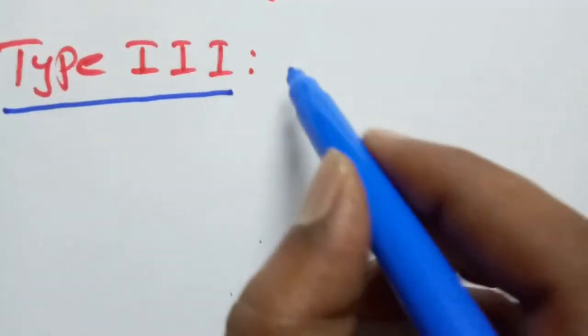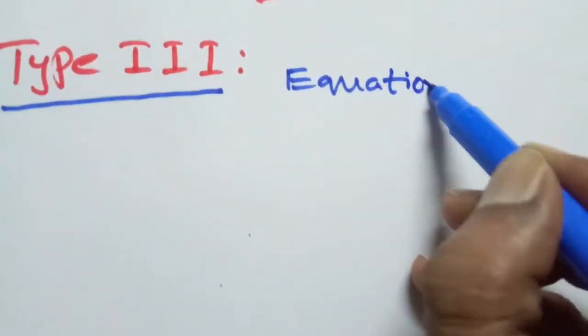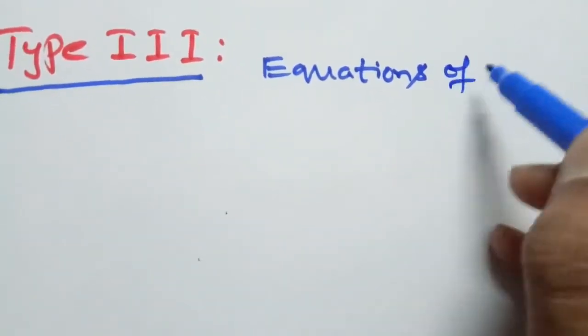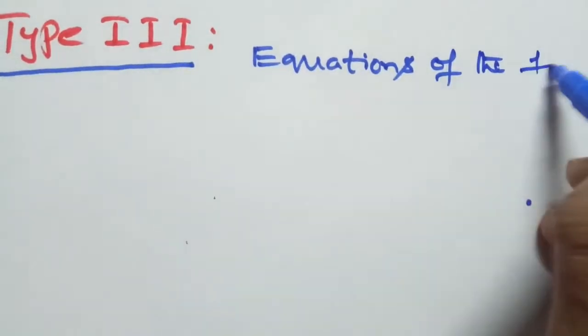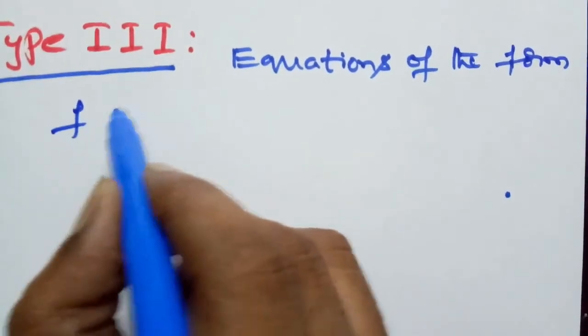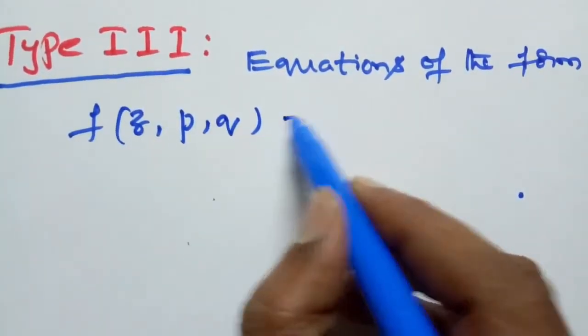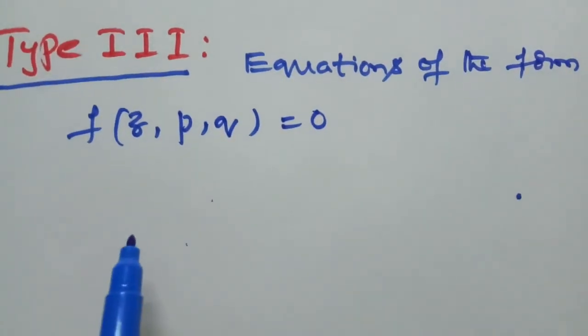Equations of the form f of z comma p comma q equal to 0.